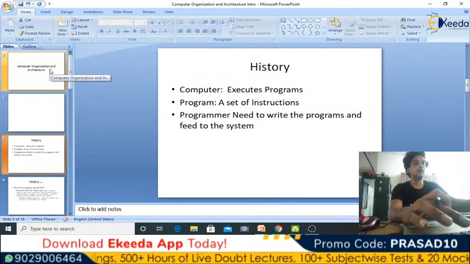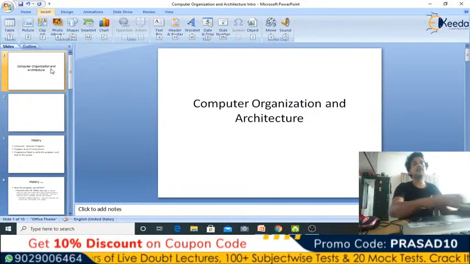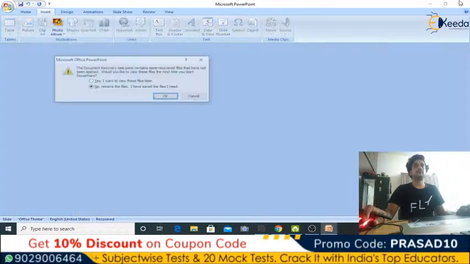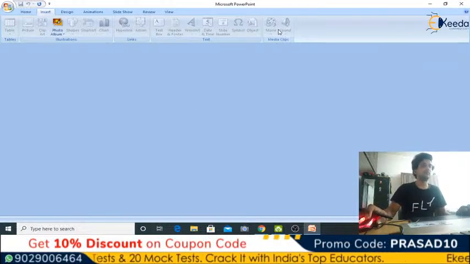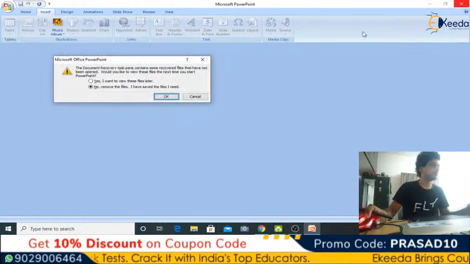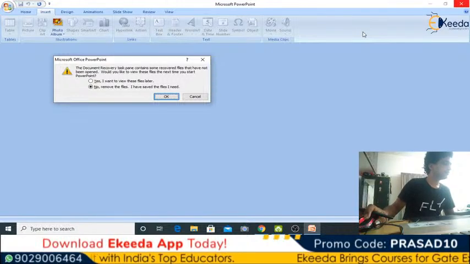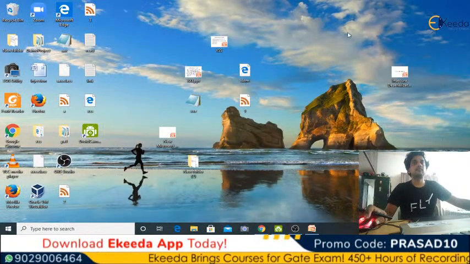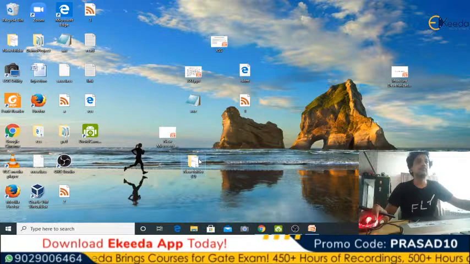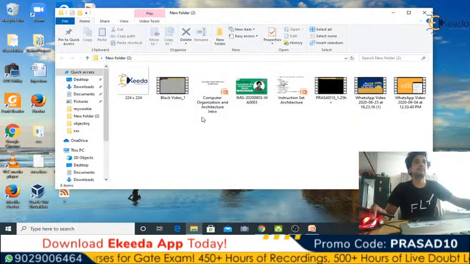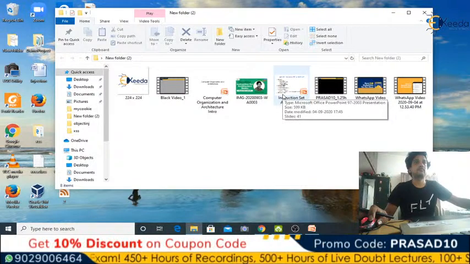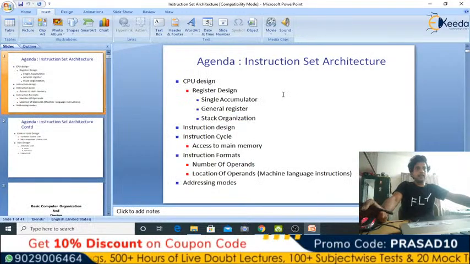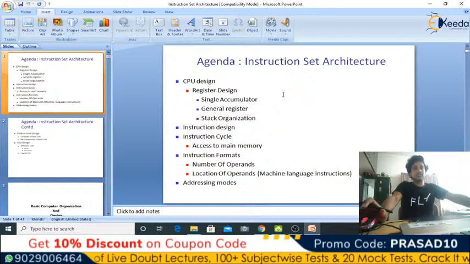Now let us concentrate on designing a register set. Let us start with this register set design.